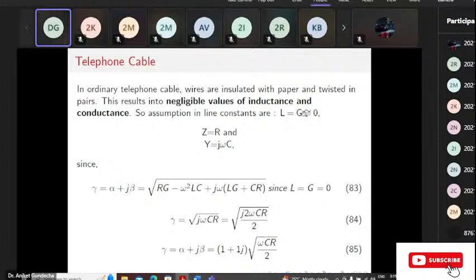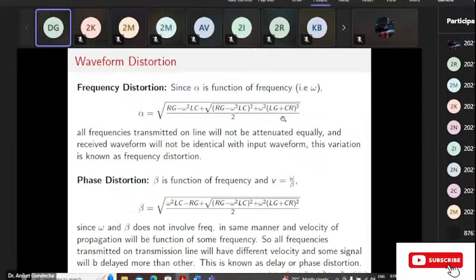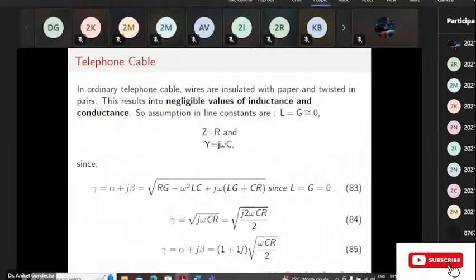So when you put this condition for telephone line again in those two equations of alpha and beta, you will get equation 84, which is for alpha and beta the same only. You will get the same equation for both. That is alpha is equal to root of omega CR by 2, and beta is also root of omega CR by 2.